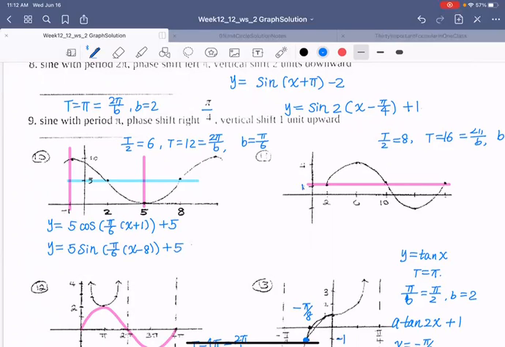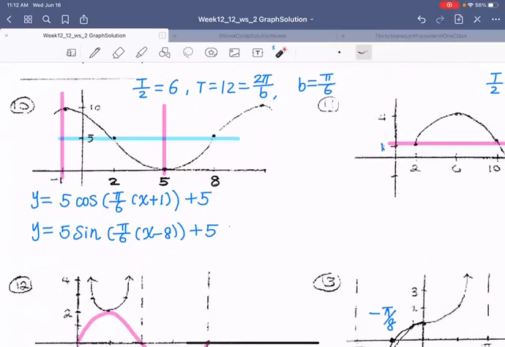Does this kind of make sense now? Yes. And we might want to see why this one is always equal to this one, right? Let's give a try and prove why they are always equal.